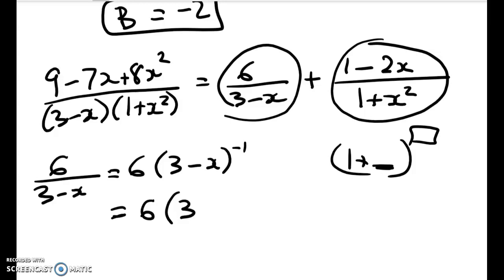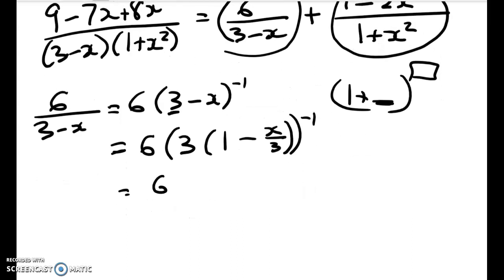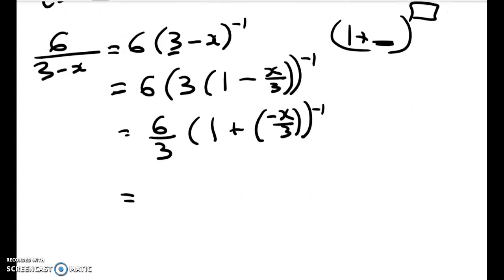So I'm going to take out this factor of 3 and go 3 times (1 minus x over 3) to the power of negative 1. That gives me 6 over 3 times (1 plus negative x on 3) to the power of negative 1, which is looking pretty good. So I've got 2 times this.